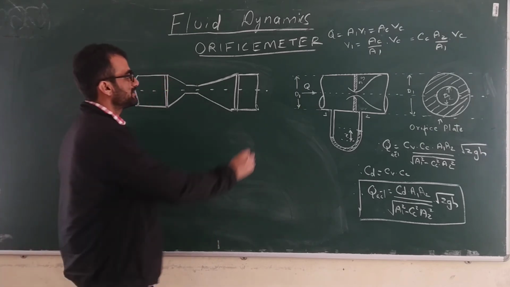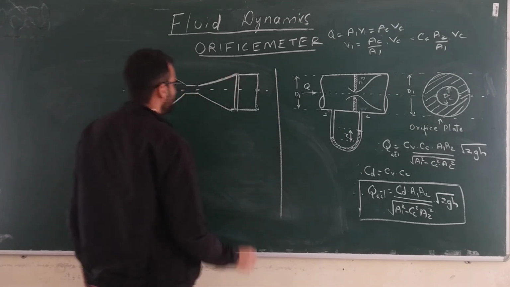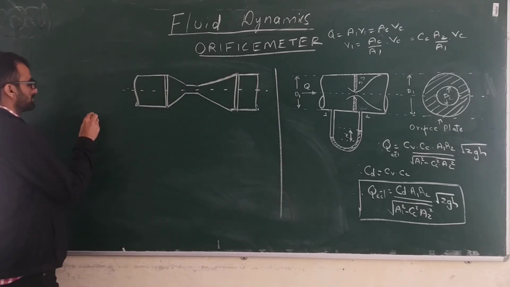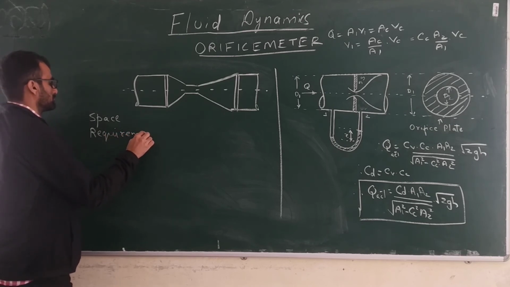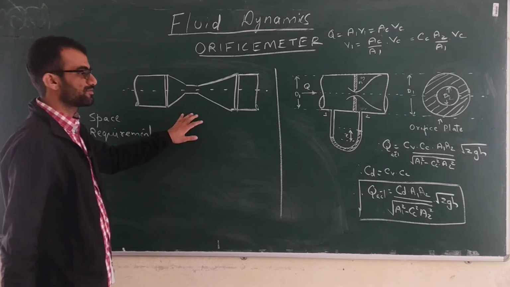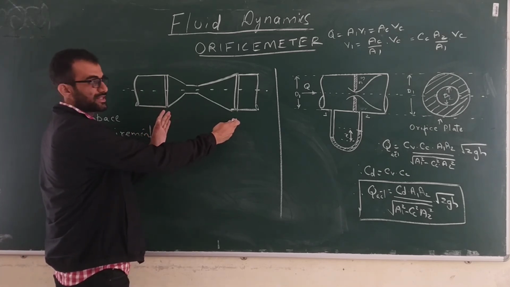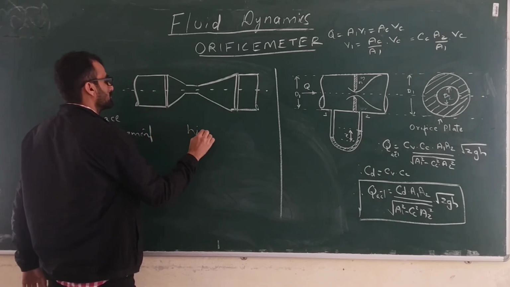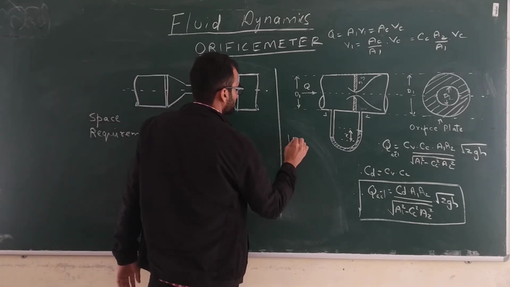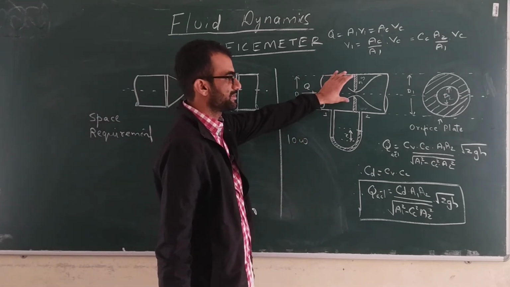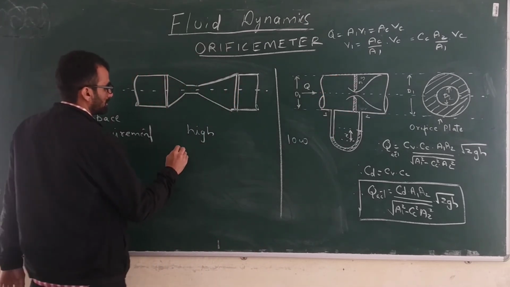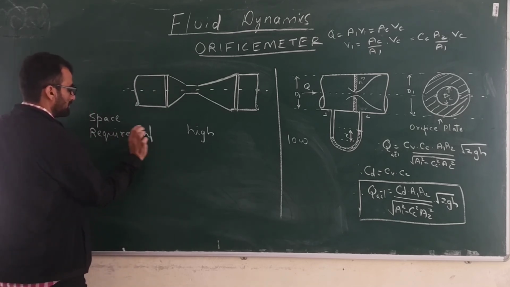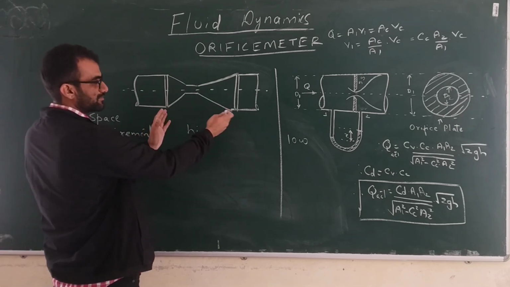Now the main difference between these two is, what is the space requirement? So space required for venturimeter is very high, since its length is also very high. And this is very low because it occupies very less space and is easy to install. So this is easy to install, but the venturimeter is a little bit difficult to install. It will occupy more space.